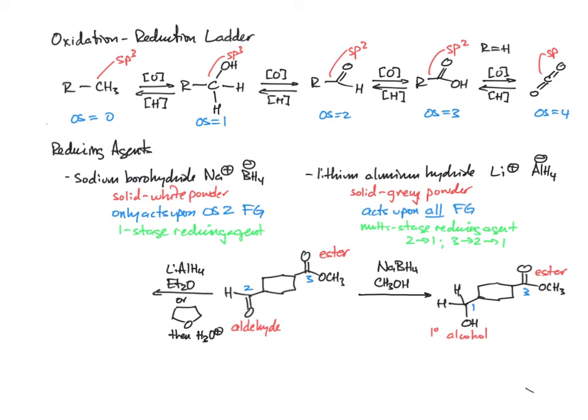So if you've now unpaused the video, we'll draw that product again. The aldehyde becomes a primary alcohol. The ester is actually going to be reduced all the way down to the primary alcohol as well.